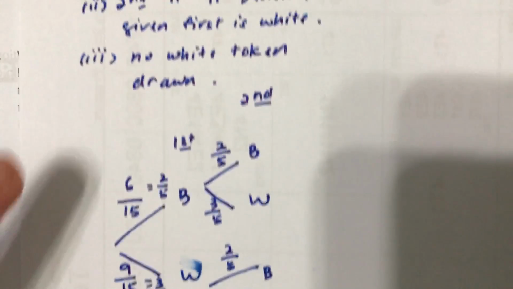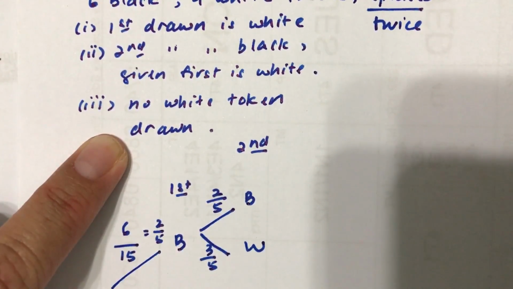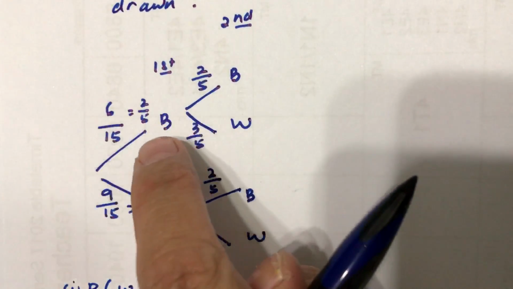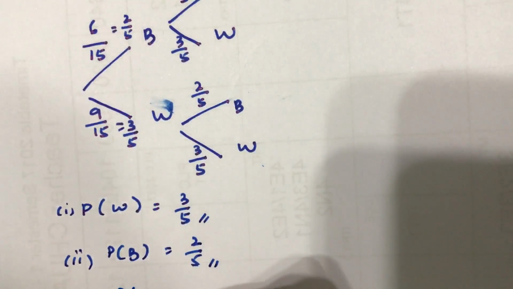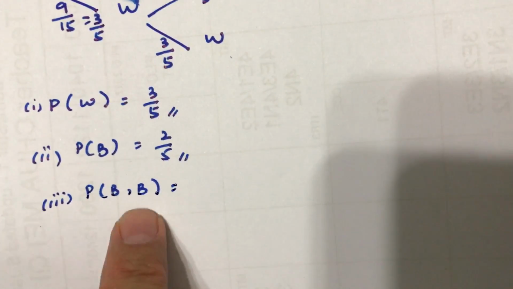Now let's look at the third question. No white token was drawn. Since we have no white at all, there's only one possibility, isn't it? We can only have black and black. So what we're going to write down is the probability of black followed by black. You have to consider 2 of them, because you're drawing twice.